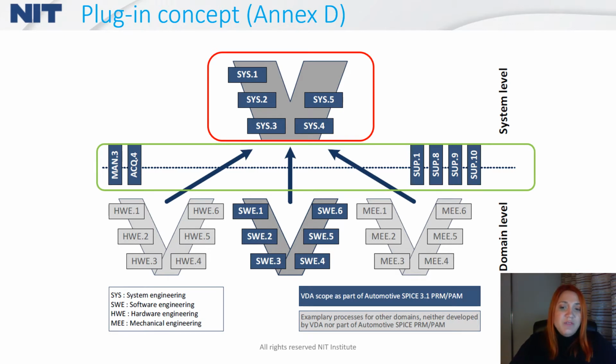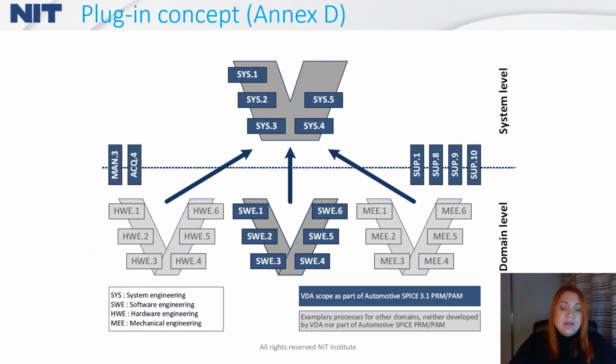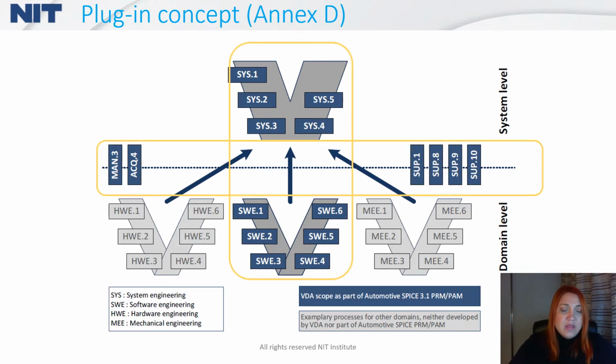Depending on the product to be developed, the corresponding engineering disciplines with their domain-specific processes, like hardware or mechanical engineering and software engineering, can be added to the assessment scope. The dark blue boxes in this picture represent the VDA scope, and they are part of Automotive SPICE 3.1. The other gray areas are not developed by VDA, and they are used in a similar way, but they are not really part of the standard.